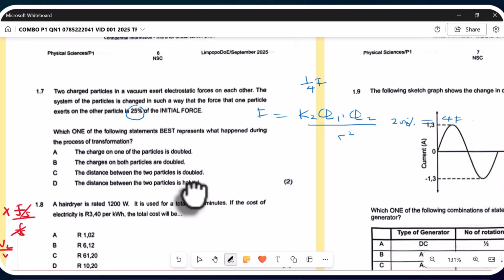And then that unit is costing 340 cents, so times 340. Now, what do you get? With the calculator, it gives me 1.02. So the answer is A. That's what I get here.